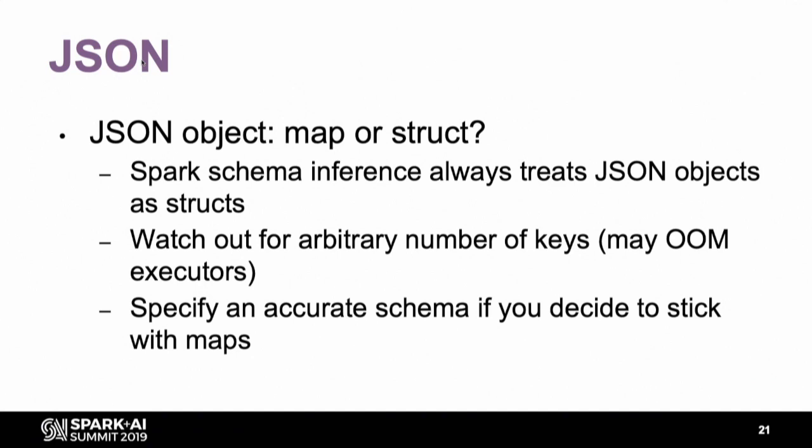The schema of a JSON data source can be map or struct. By default, Spark infers it as struct, but if you decide to stick with a map, you can pass the user-specified schema to Spark.